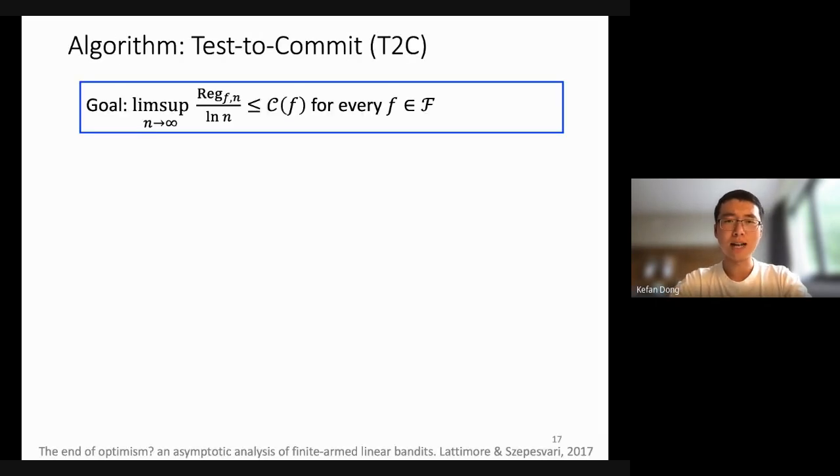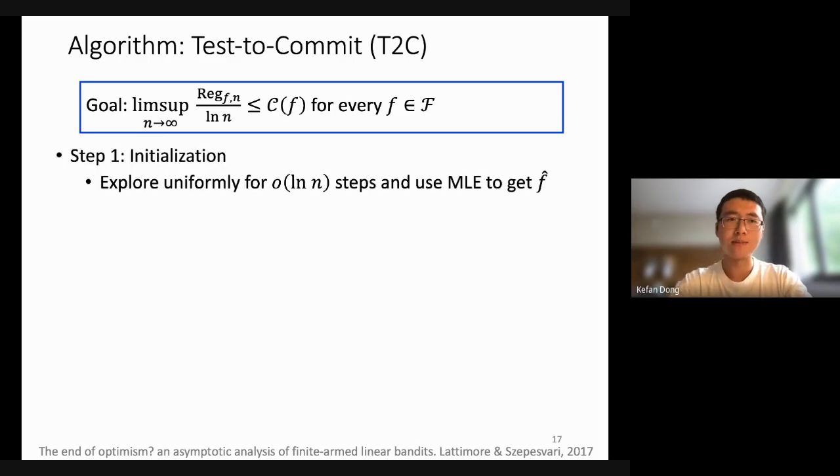Okay, recall that our goal here is to show that the asymptotic regret of our algorithm is smaller than C of f times log n. So we are free to throw away every lower order term. Our algorithm here is called test to commit, or T2C. It is a three-step algorithm.